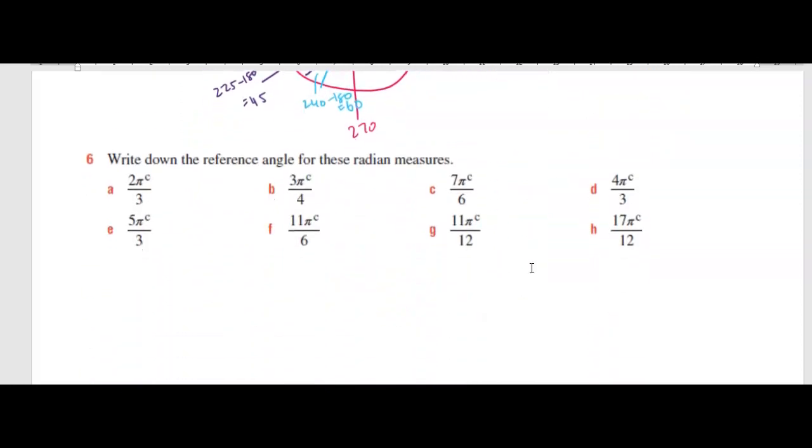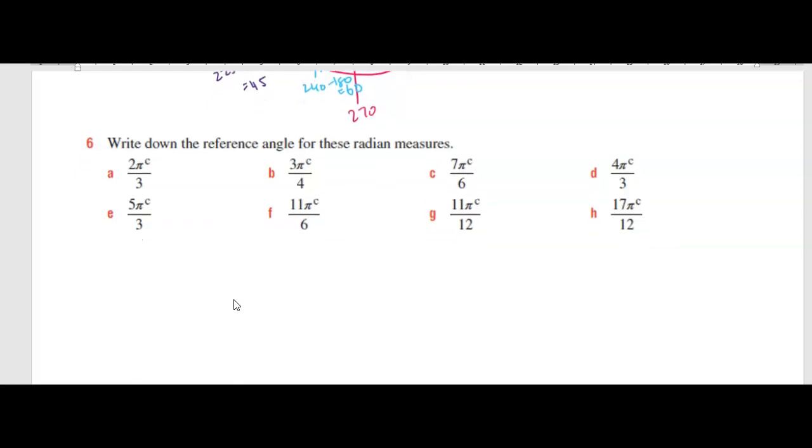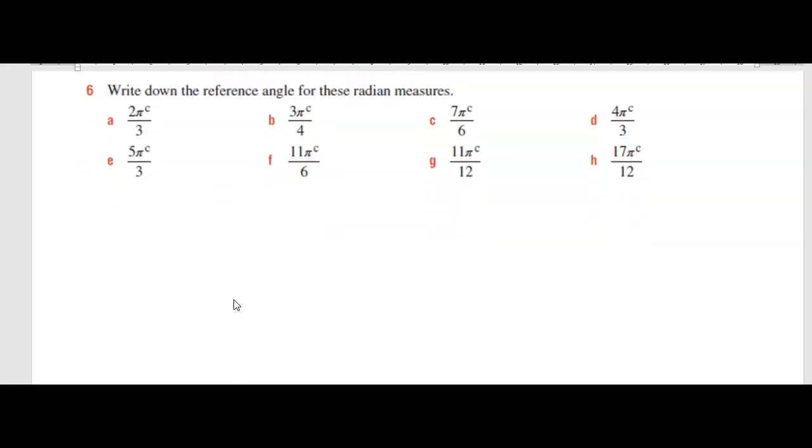All right, question 6, write down the reference angle for these radian measures. So this time we're not working in degrees, we're working in radians. For these ones, you can, if you wanted to, convert them into degrees, but eventually you're going to be working in radians a lot more. So I'm going to do it just in radians.